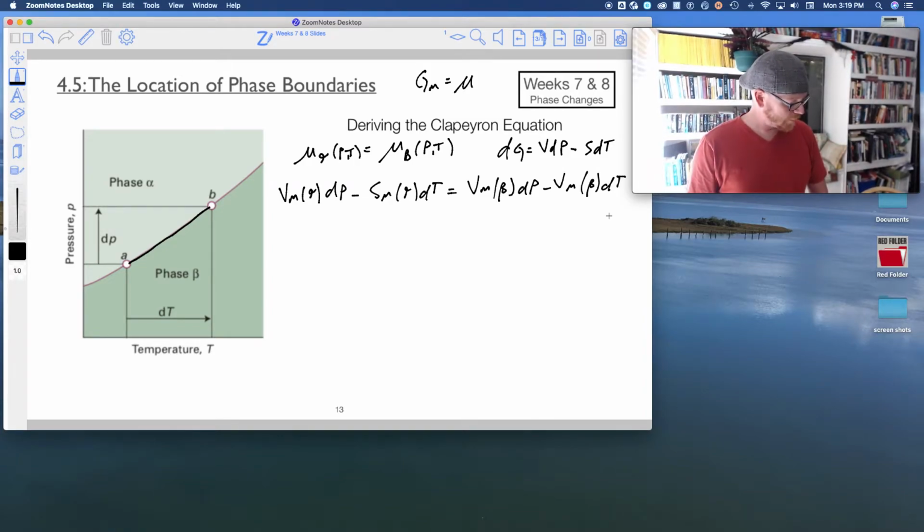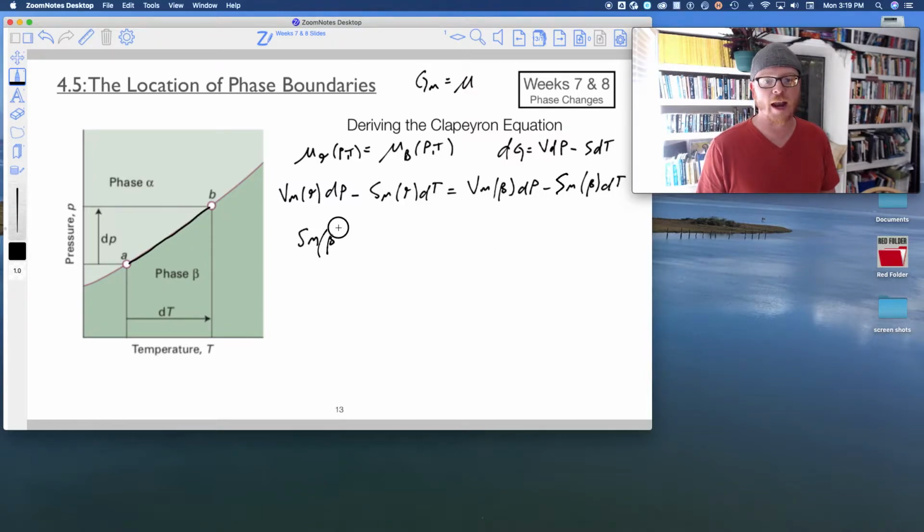And so now what I'm going to do is collect the like terms. So I'm going to do a little bit of algebra here. I'm going to collect the entropies and the volumes on each side.